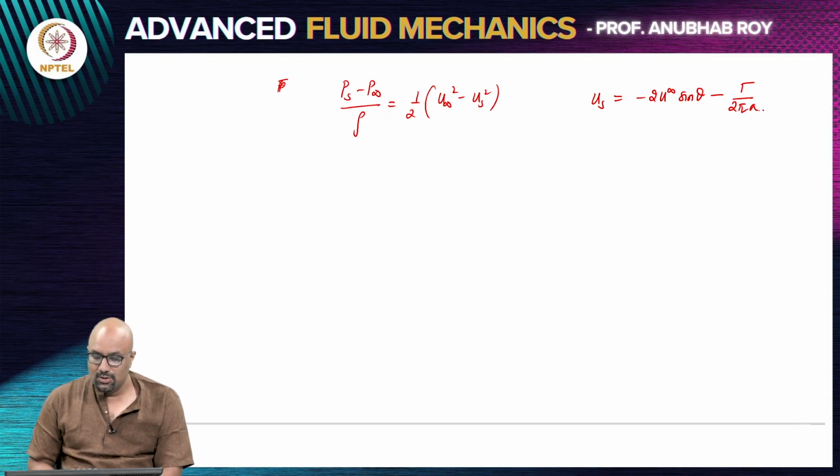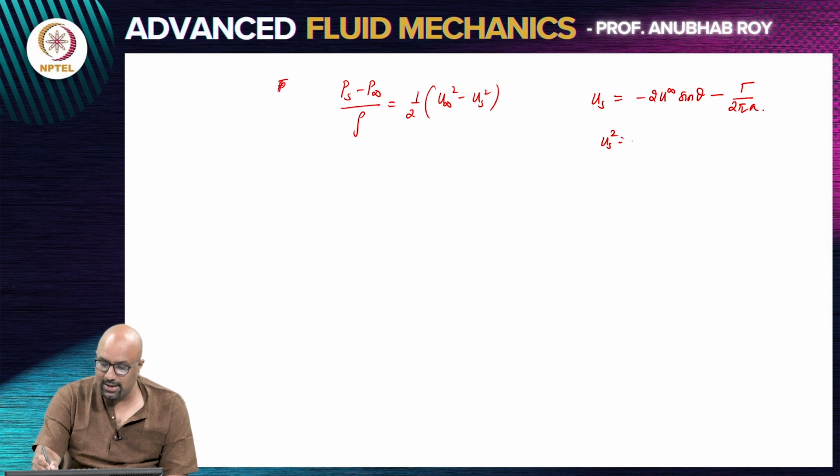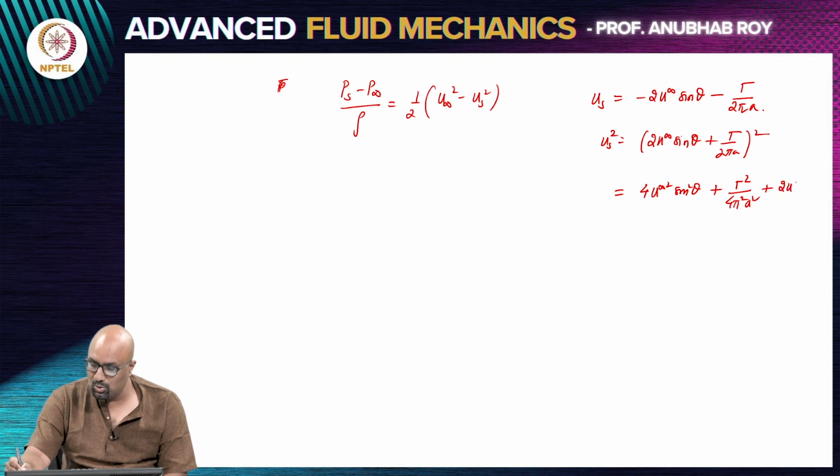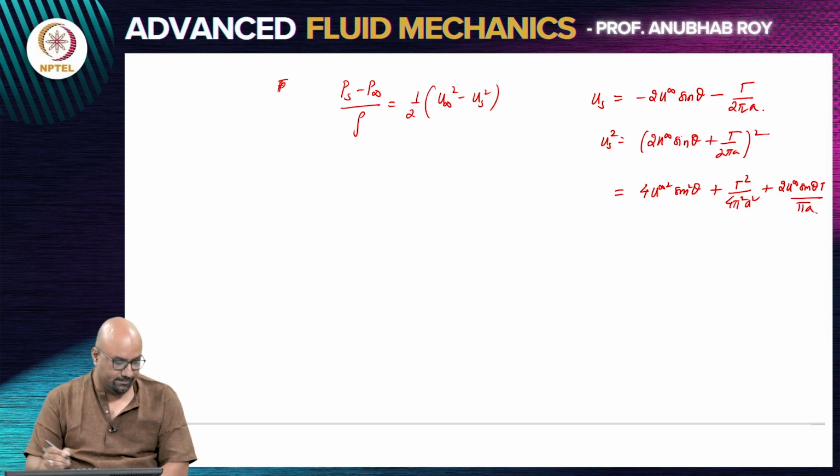So when you square it, you are going to get the square of 2 u infinity sin theta plus gamma by 2 pi a, whole square. So there would be 3 terms here. One would be 4 u infinity square sin square theta. There would be one more term which is gamma square by 4 pi square a square, and then an additional term which would be 2 u infinity sin theta gamma by pi a.